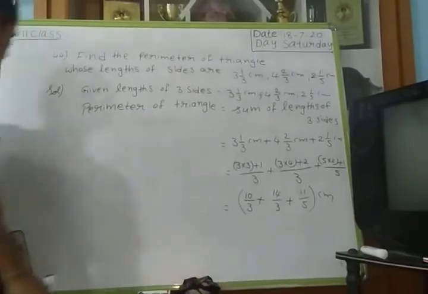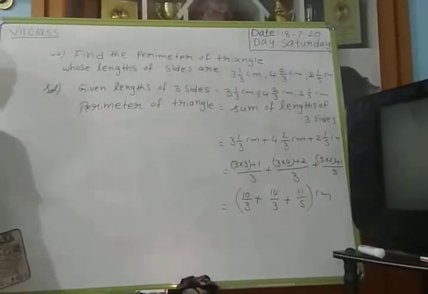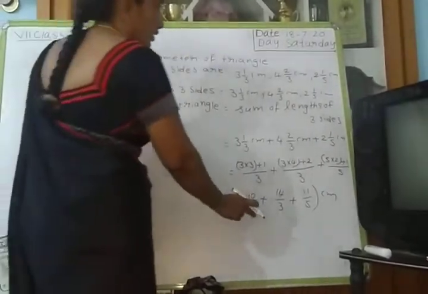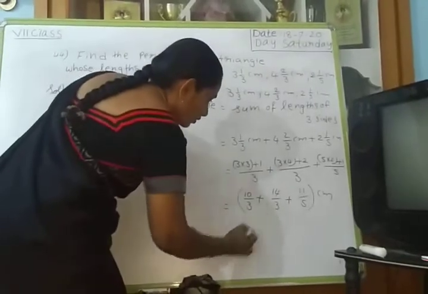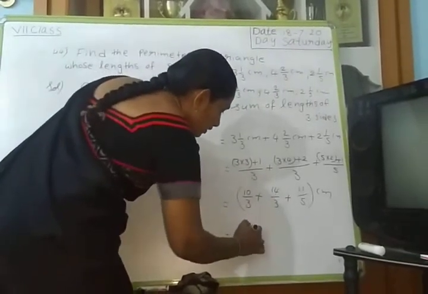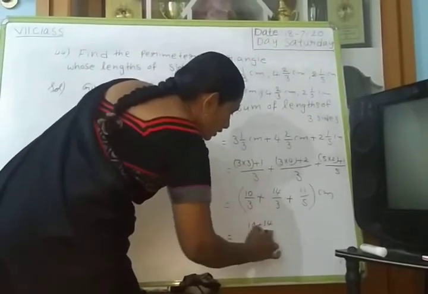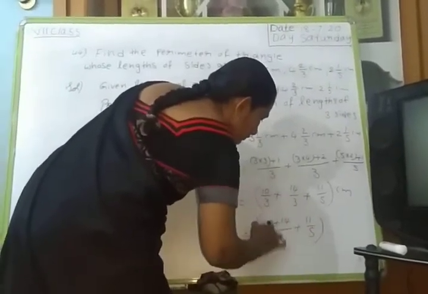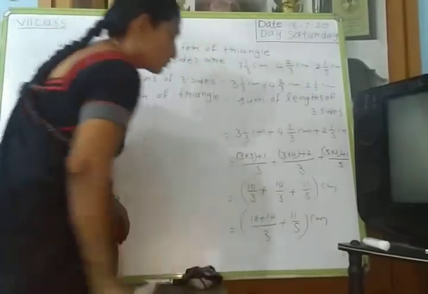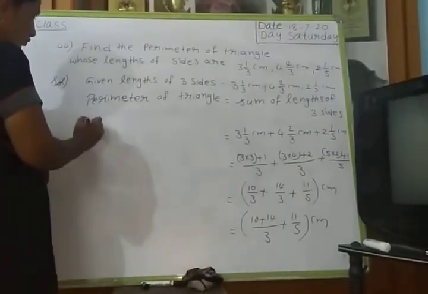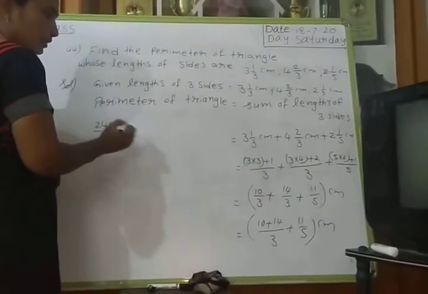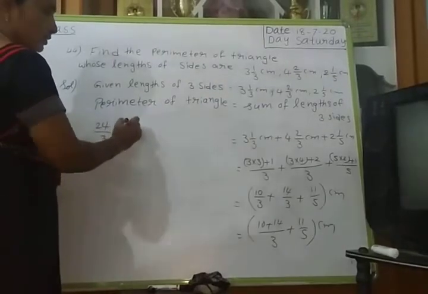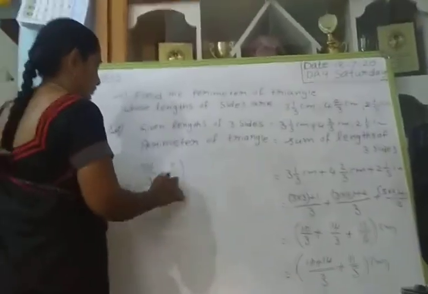So 10 by 3 plus 14 by 3 plus 11 by 5. The first two are like fractions, so we can add these two first. 10 plus 14 by 3, plus 11 by 5. 10 plus 14, how much will we get? 24. 24 by 3 plus 11 by 5.